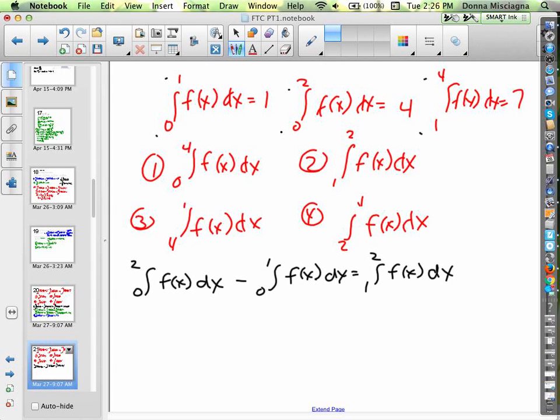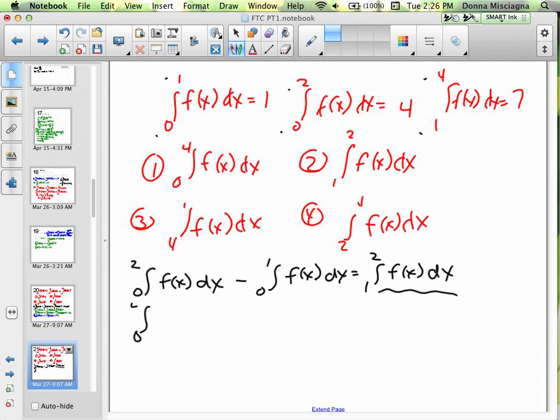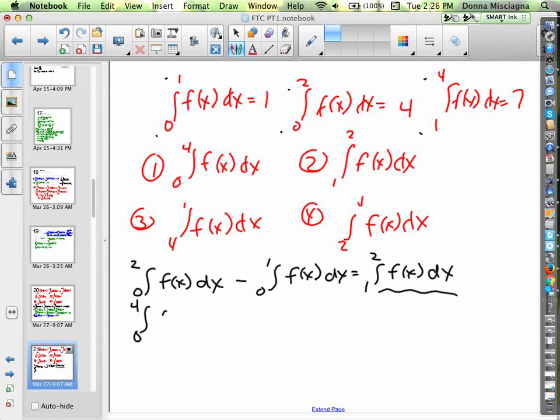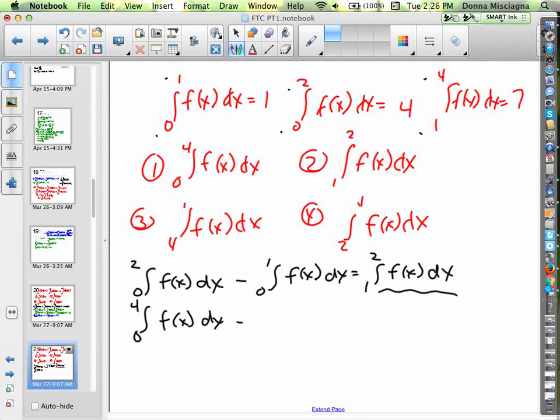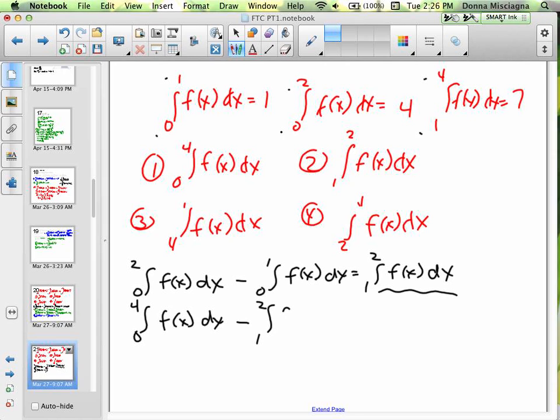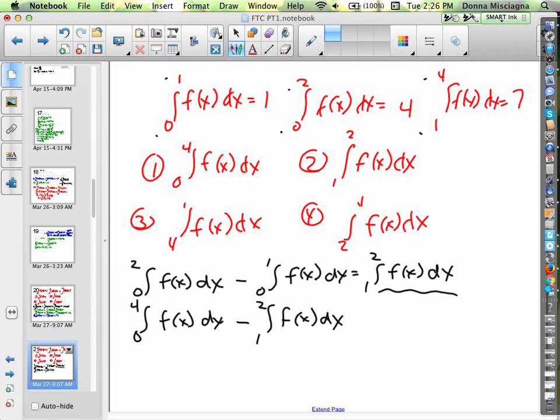We're getting closer, but we want 2 to 4. If we take that, take the 0 to 4, and subtract the 1 to 2, now we'll be left with, oh, excuse me, not 4 to 0.